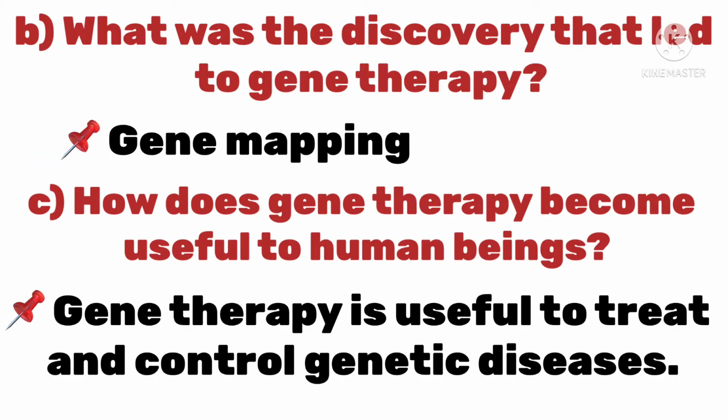B. What was the discovery that led to gene therapy? Answer: gene mapping. C. How does gene therapy become useful to human beings? Answer: gene therapy is useful to treat and control genetic diseases.